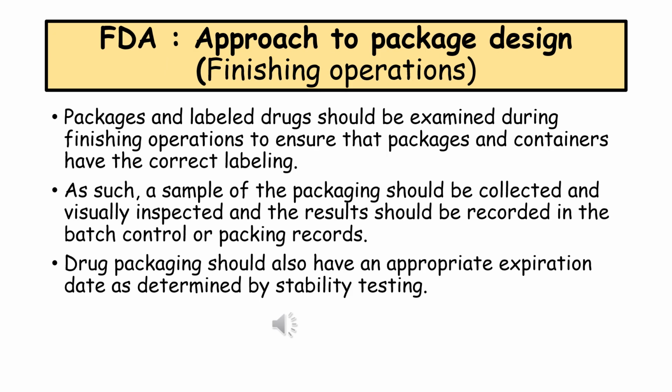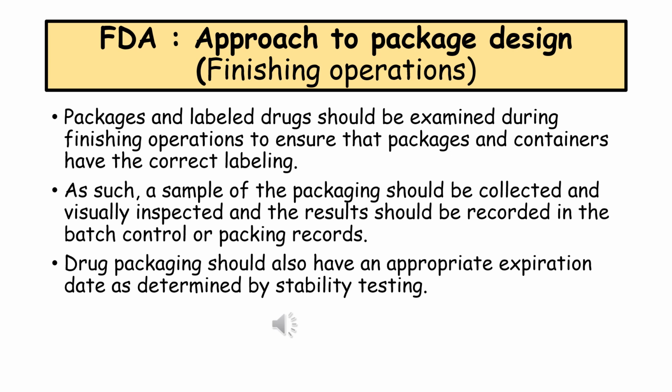Guidelines for finishing operations. Packages and labeled drugs should be examined during finishing operations to ensure that packages and containers have the correct labeling, and a sample of packaging should be collected and visually inspected, and the results should be recorded in the batch control or packing records.